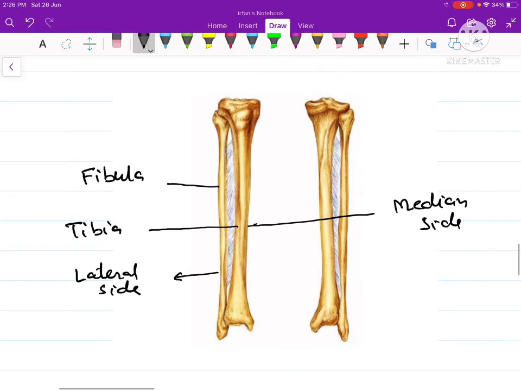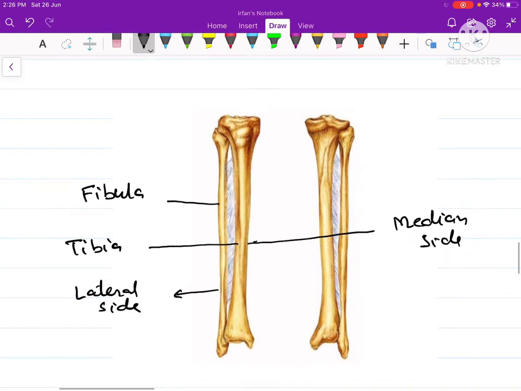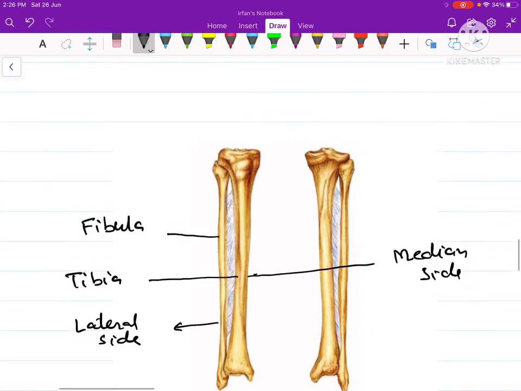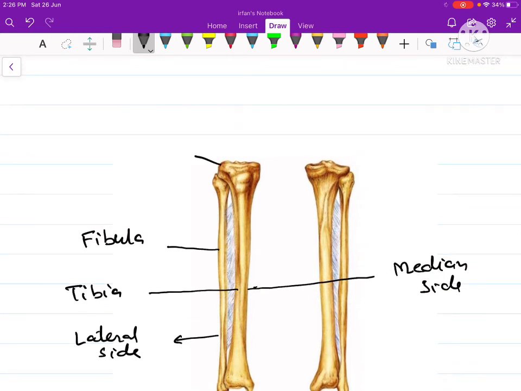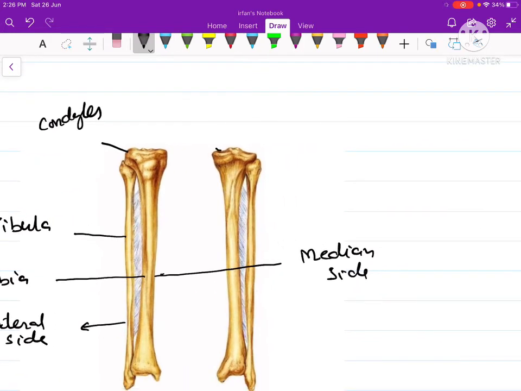As far as these two bones are concerned, they also have a few important structures. For example, they have condyles, and corresponding depressions or facets for articulating with the condyles of the femur bone.